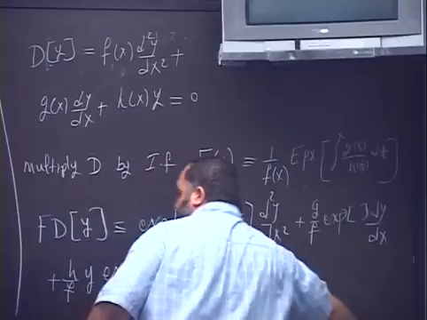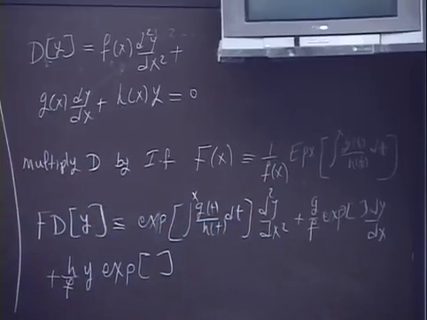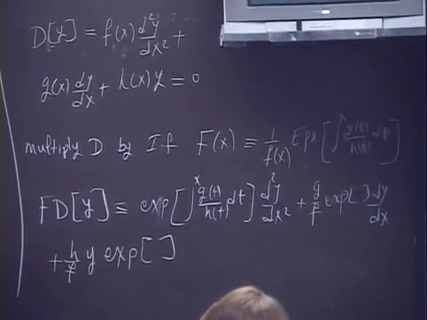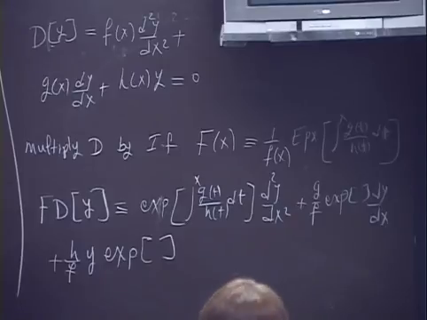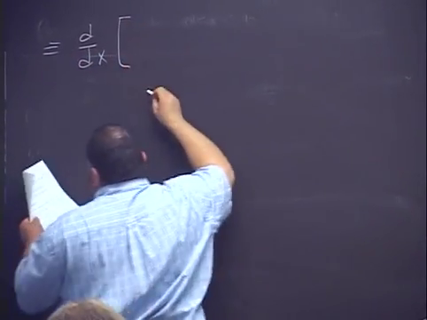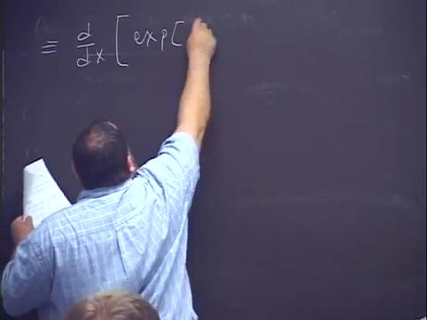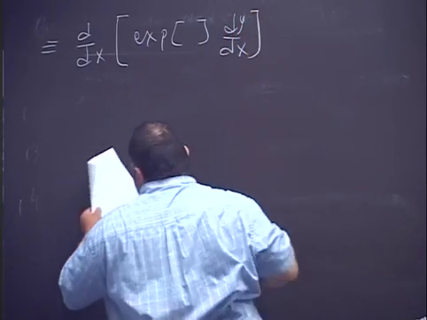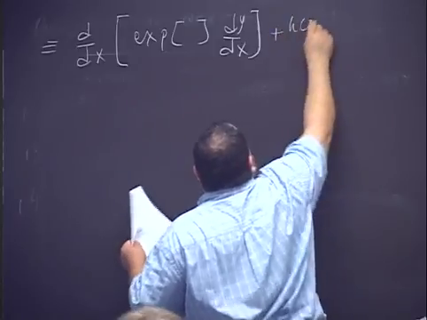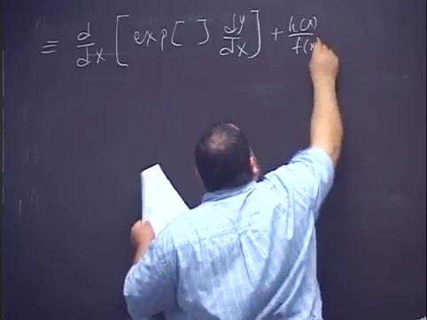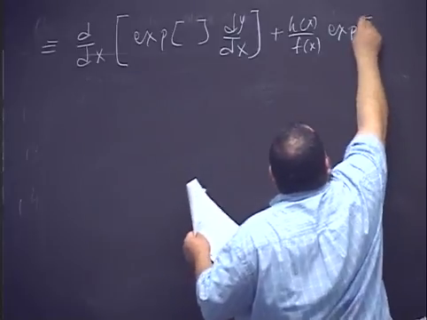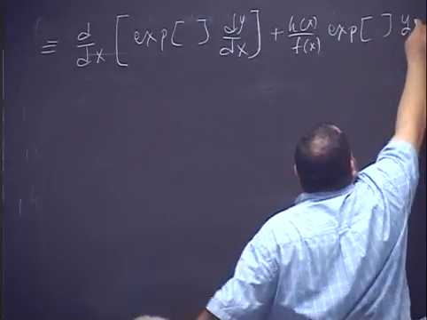So we can rewrite this equation as d by dx of the exponential function multiplied by dy by dx plus h of x divided by f of x multiplied by the exponential function again multiplied by y of x.